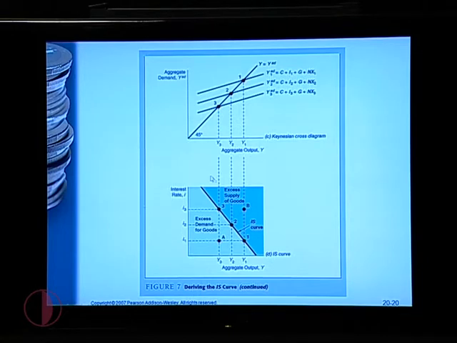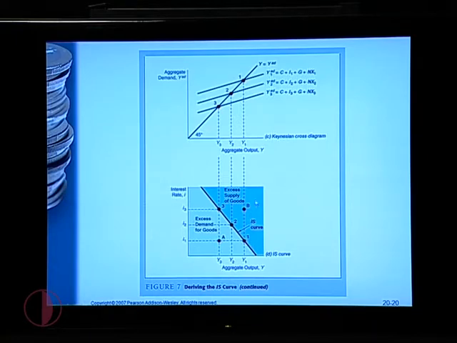So now we are going to derive the IS curve. Deriving the IS curve, as we said, continued. At point 1, this is our 45-degree line where aggregate demand equals aggregate output. At point 1, Y1 equates in the interest rate IS curve at a lower level of interest rate.